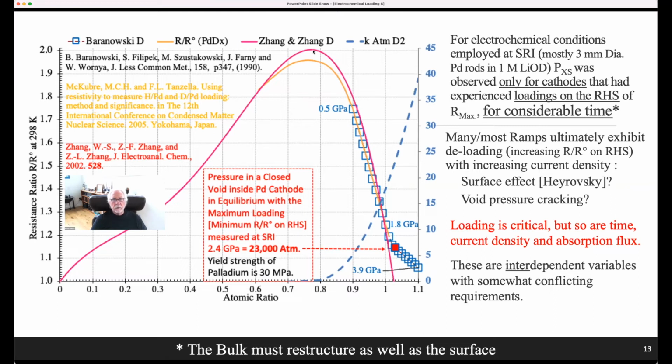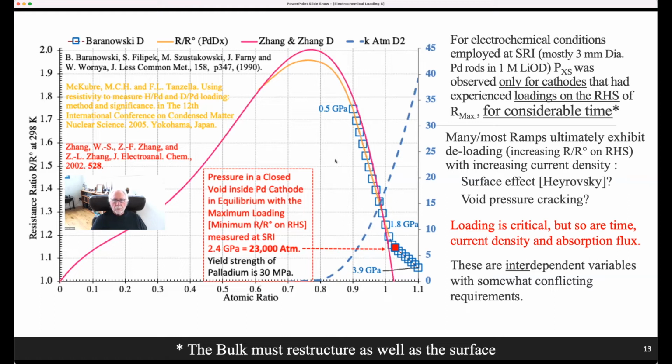I disagree with the position of the peak a little bit and the value of the peak a little bit, but it matters very, very little. I'm interested only in the right-hand side of this bump, where the resistance is decreasing rapidly with atomic ratio.